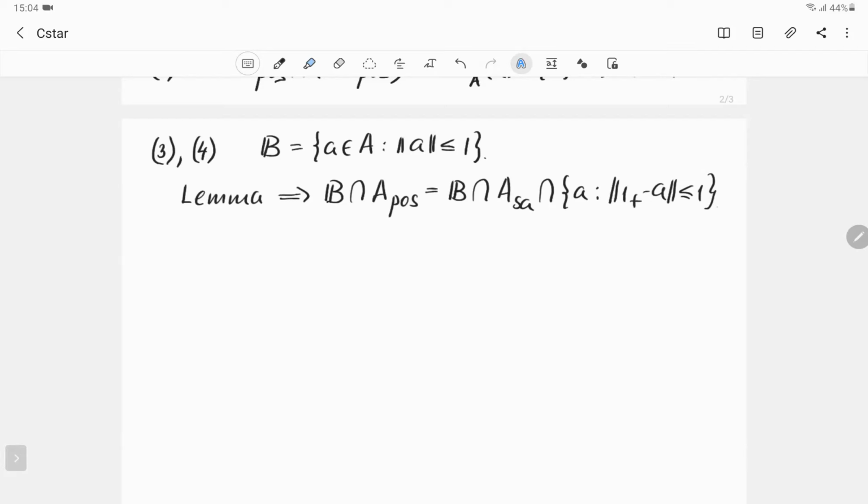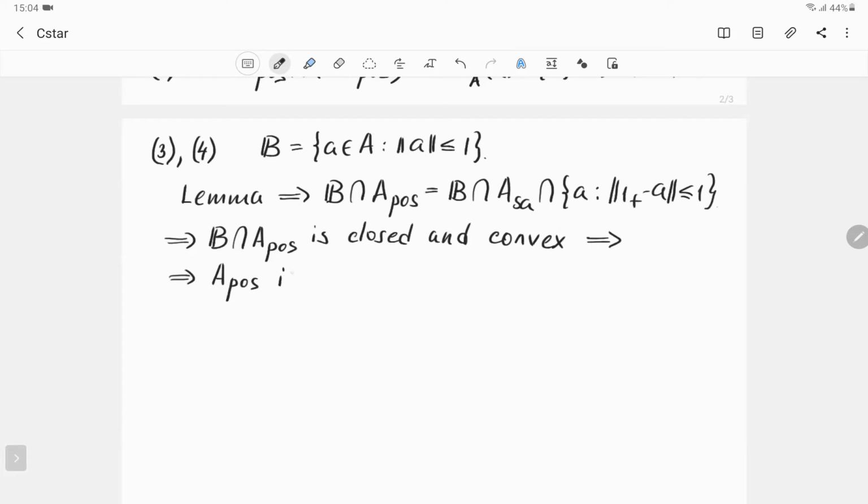So this equality implies that the intersection of the unit ball and the set of positive elements is closed and convex. But it's a simple exercise to show that this implies that so is the set of positive elements.